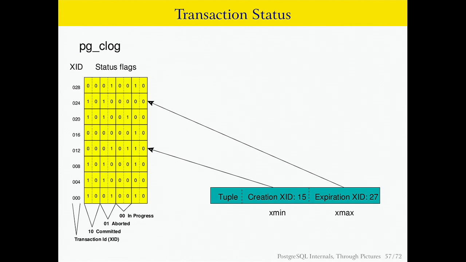So you kind of get an idea that the row itself has transaction IDs on it, but it's actually the C log which tells the system whether that transaction was committed, aborted, or is in progress. And this is one of the things that we keep in shared memory because, of course, when I mark a transaction as committed, everyone needs to see that right away.